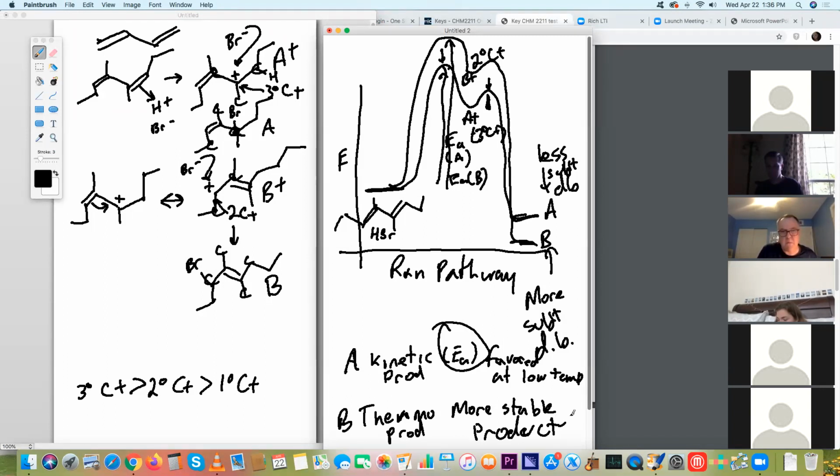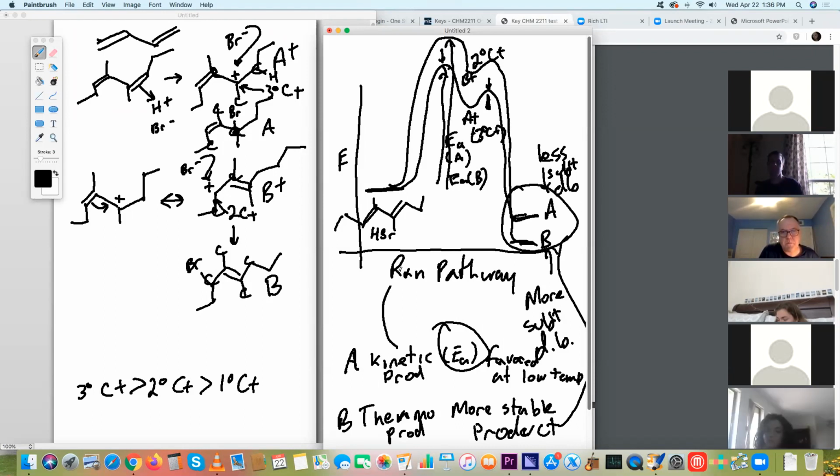It's talking about what's going on here and here, whereas the kinetic product is talking about what's going on here and here. So thermodynamics is all about products. Kinetics is all about activation energy. And that's the simplest way I can explain it. And we can see that B is the thermodynamic product because it's more stable. That's the one that has the more substituted double bond. It's more stable because it's got a lower energy here.